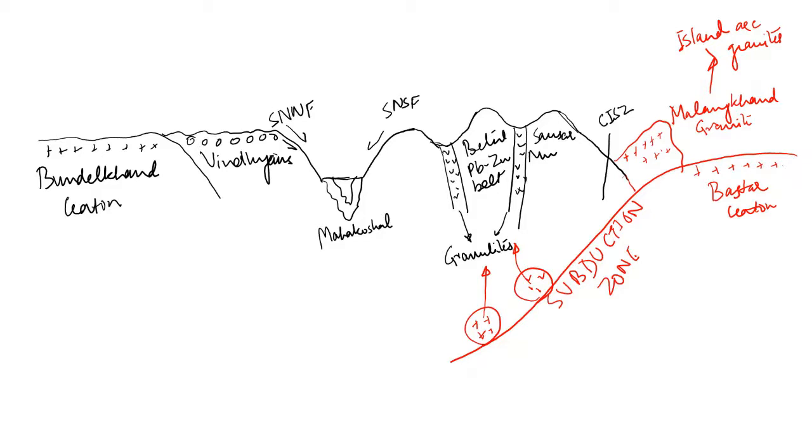The magmatism also gives the age of subduction. The age of Malanjkhand granite is 2.5 billion years. So we can safely assume that this subduction took place at 2.5 billion years. Now, this subduction zone is located at the central Indian shear zone.